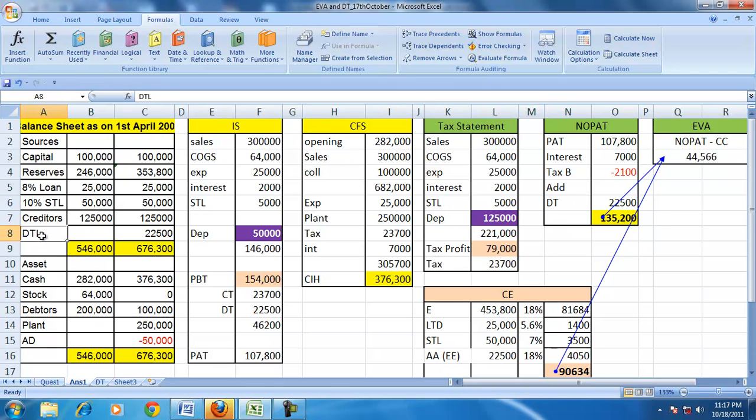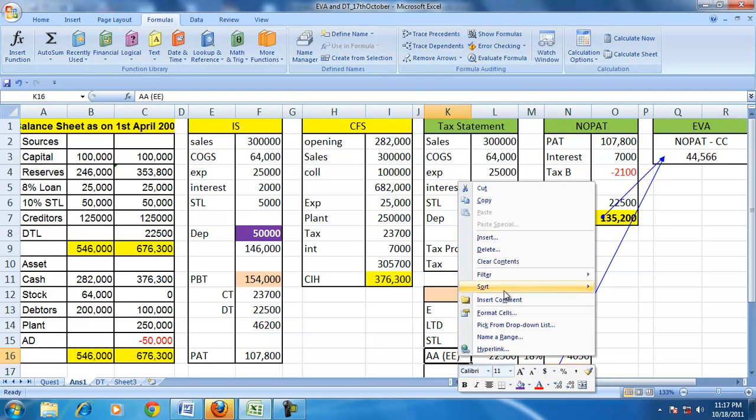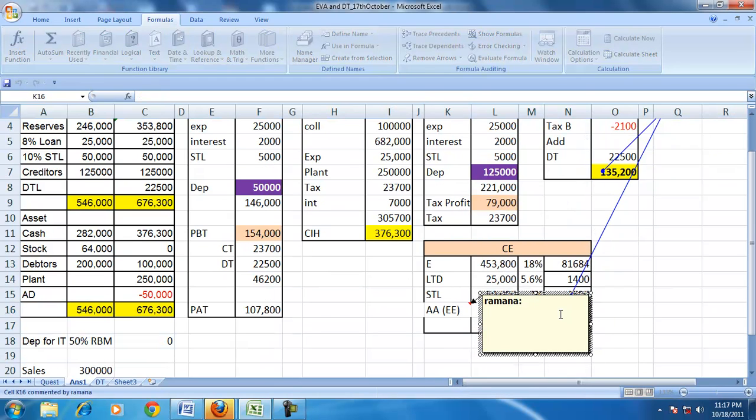As we have been discussing in some other sessions, the deferred tax liability DTL should be treated as a surrogate for equity. So while calculating the cost of fund, we take equity, we take long-term debt, we take interest-bearing current liabilities and accounting adjustments, and the accounting adjustments are given a name called equity equivalent.